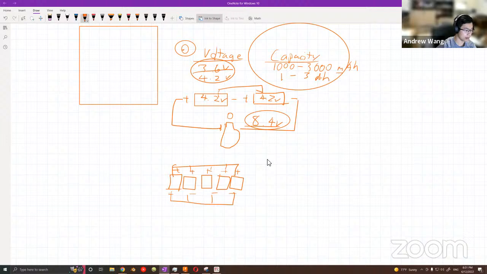Then my output over here is going to be the same voltage, 4.2 volts, but the capacity is going to add up the capacity of each. So the capacity is going to be 5 times. You need to combine these different things when making a battery.